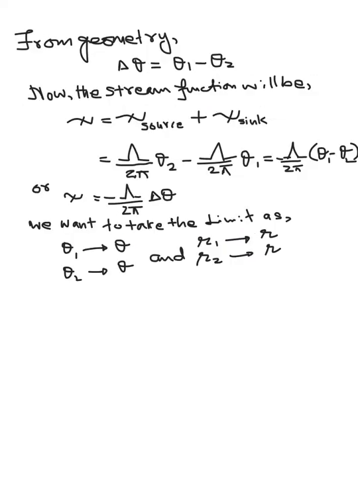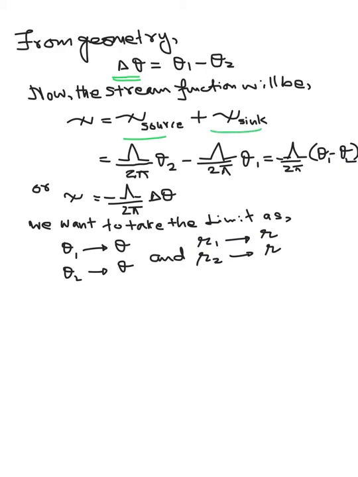Now I will determine the stream function for the doublet. From geometry, you should notice that the difference of angle is theta 1 minus theta 2. This difference of angle I have indicated in the previous figure with blue marker. Now I will write down the stream function for the doublet, which is a combination of stream function of source and stream function of sink.